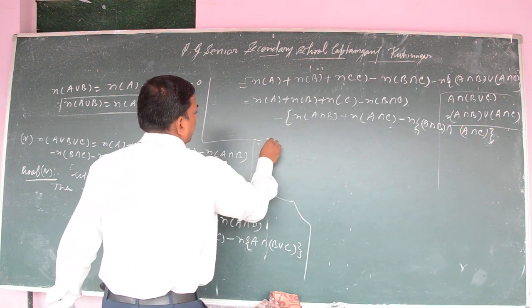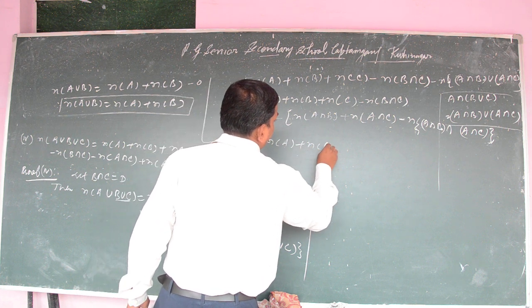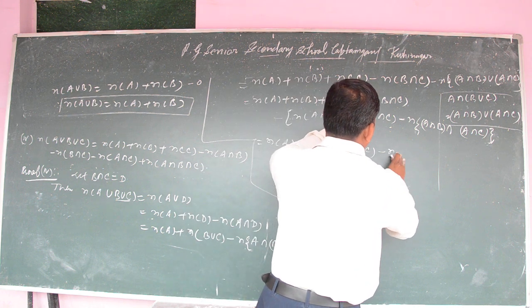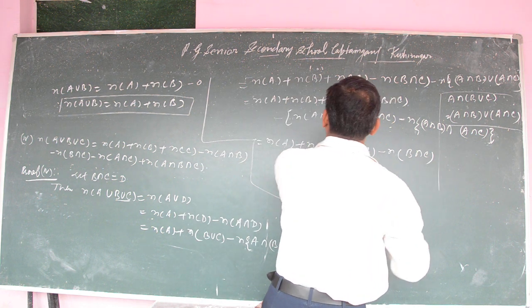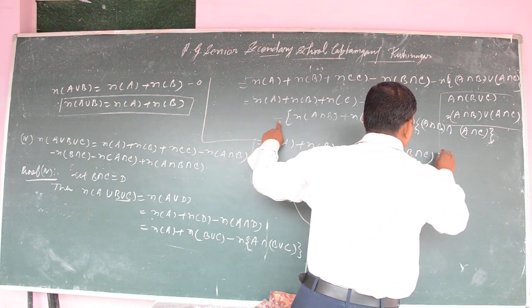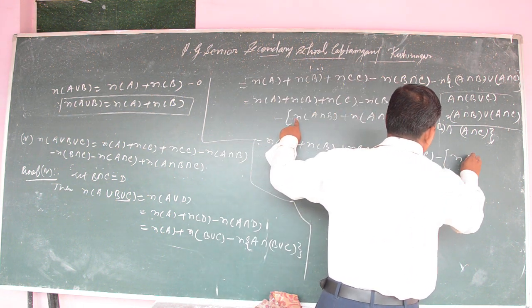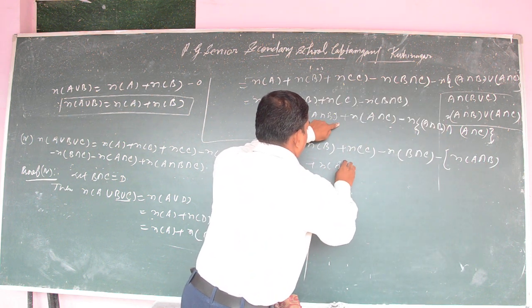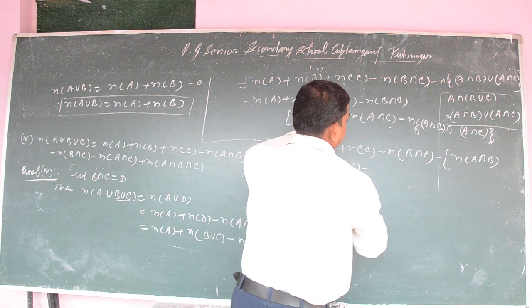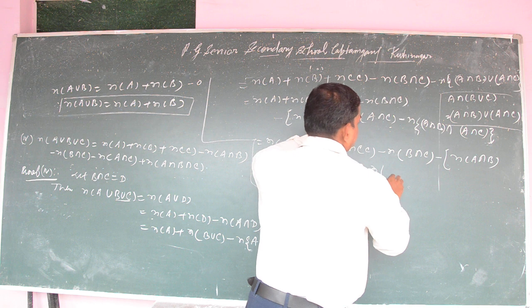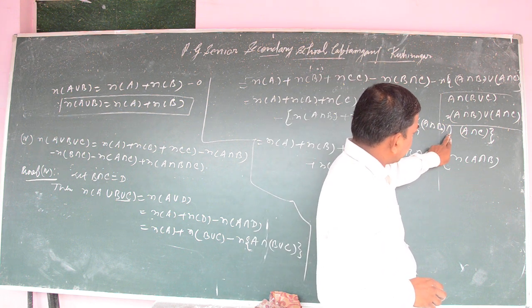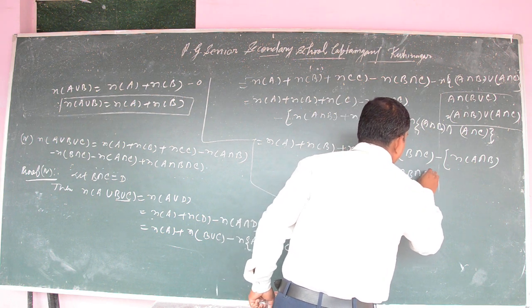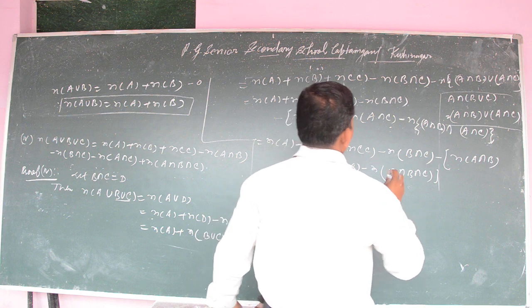Now this is equal to cardinal number of A plus cardinal number of B plus cardinal number of C minus cardinal number of B intersection C, minus in big bracket cardinal number of A intersection B plus cardinal number of A intersection C minus cardinal number of A intersection B intersection A intersection C. This is equal to A intersection B intersection C. Close the bracket like this.